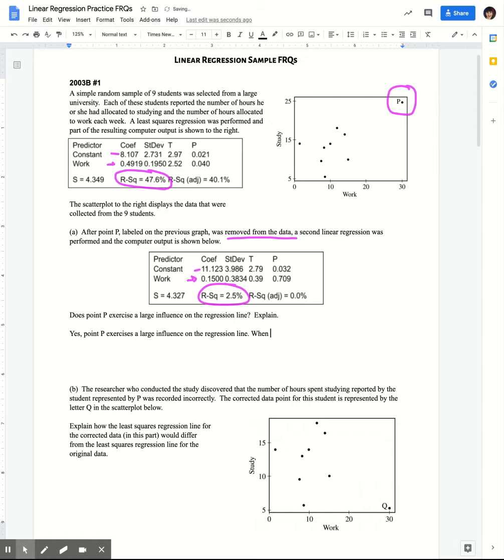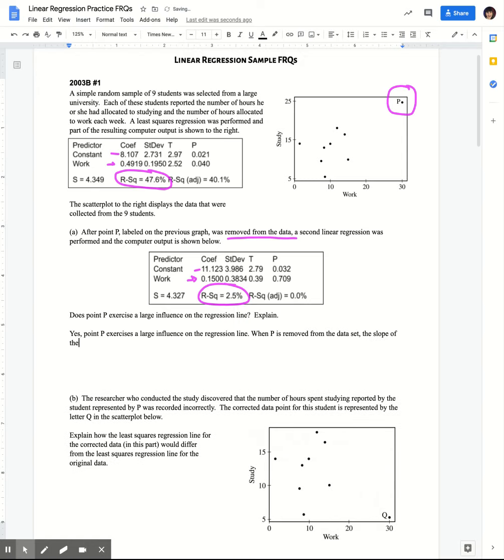So when P is removed from the data set, the slope of the least squares regression line changes from 0.4919 to 0.1500. The y-intercept increases from 8.107 to 11.123.